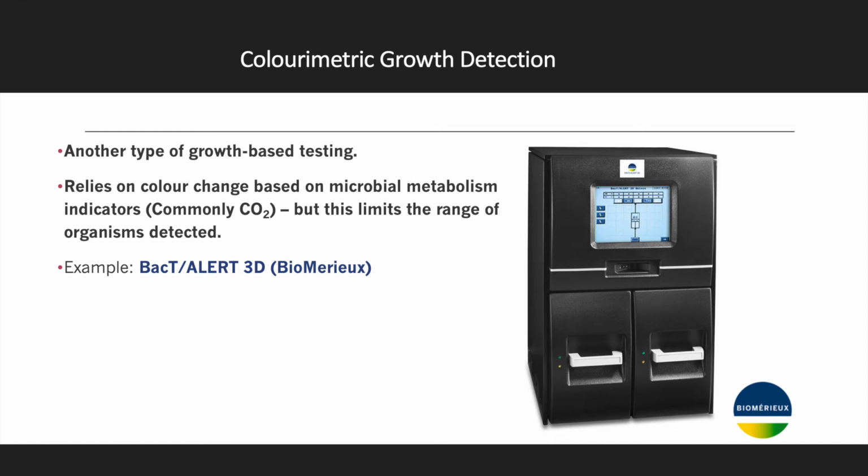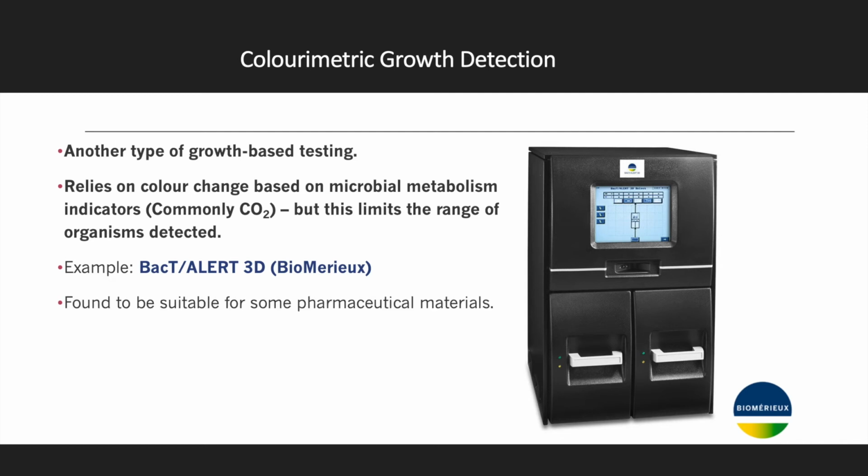So the way this works is to begin with, your samples would be added directly to a liquid culture media by direct inoculation. There would then be a subsequent incubation period, and CO2 would be released. This CO2 diffuses into a colorimetric indicator at the base of the bottle. Hydrogen ions react with the sensor and lower the pH, resulting in a yellow color which is detected.